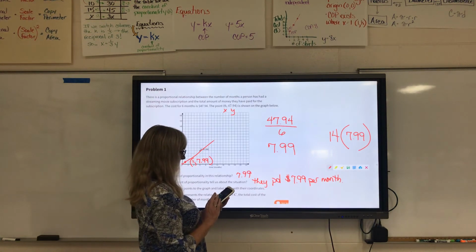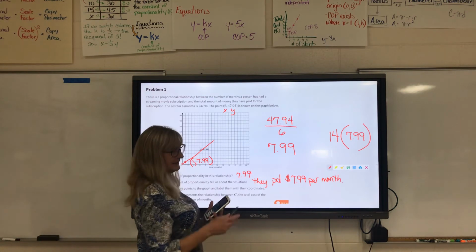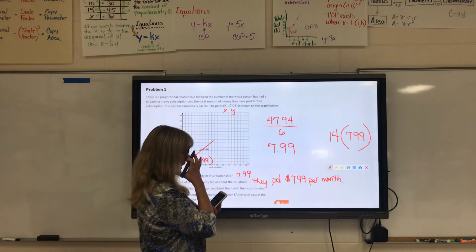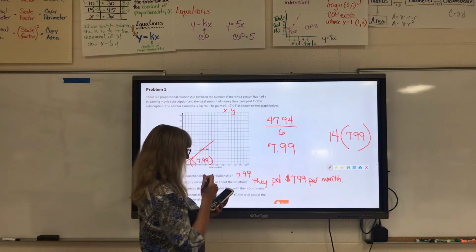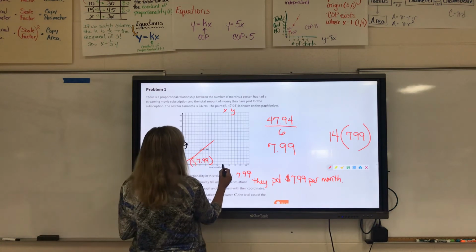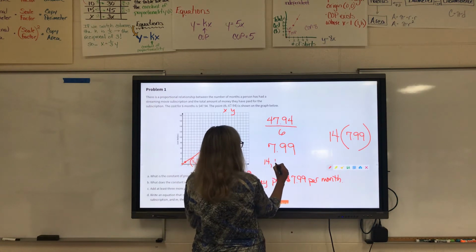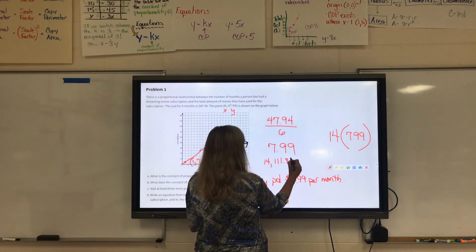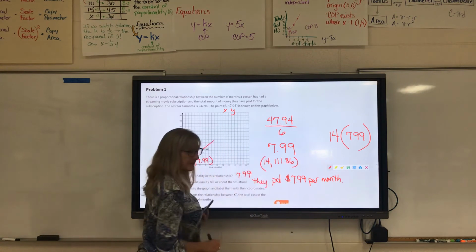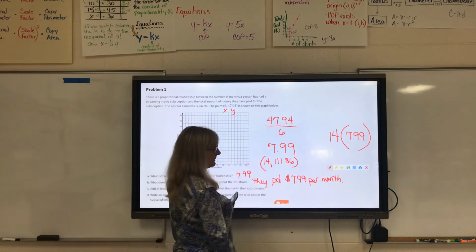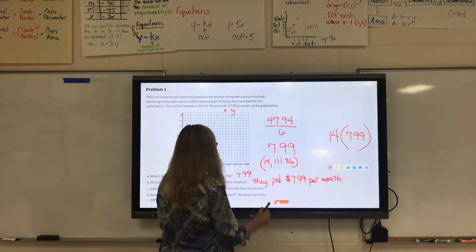111.86. It's money, so how much money is that? $111.86. Okay, so I'm going to come here, I'm going to have the point 14, 111.86. That means in 14 months, I would have paid $111.86.